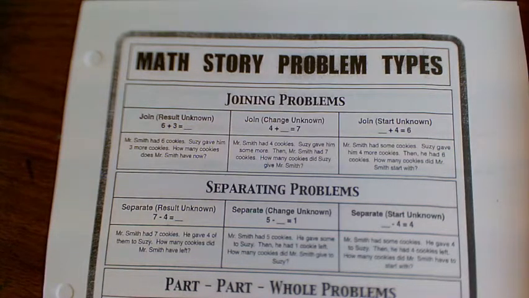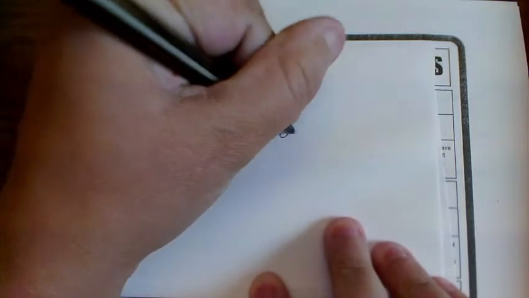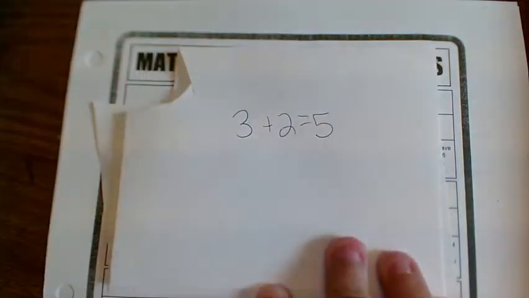In this video, we are going to be talking about different types of addition and subtraction story problem types. So when we are talking about story problems, or if we just think about an addition or subtraction problem in general, let's just say I wanted to do something simple like 3 plus 2 equals 5.